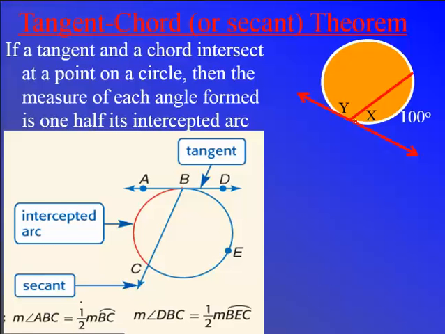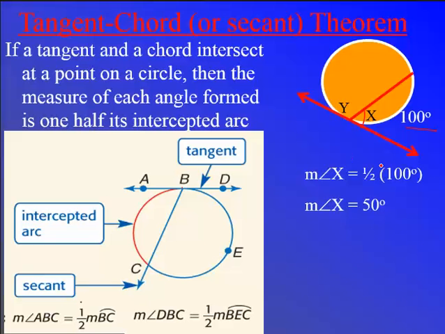So we created two angles, x and y. The measure of angle x is going to be half of this intercepted arc here. So if the intercepted arc is 100, what is the measure of this angle going to be? Okay, so hopefully you said 50 because that's half of 100.